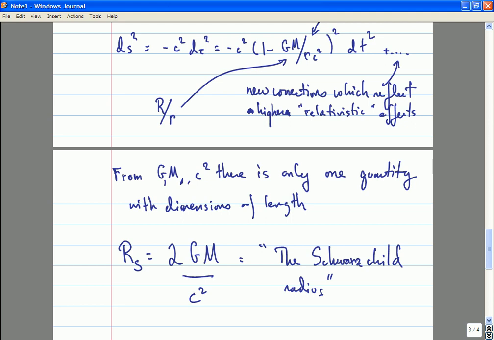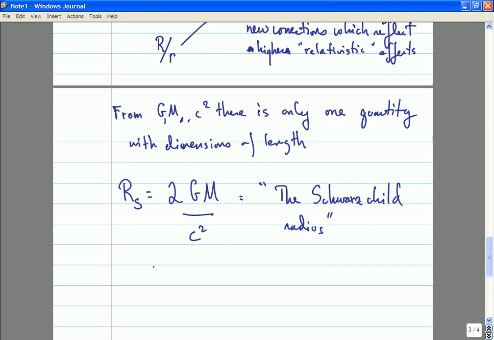Little r is the radius that tells you where you are, and big R is the parameter that tells you the length scale of the effects of gravity. So R is the characteristic radius describing the curvature of spacetime.